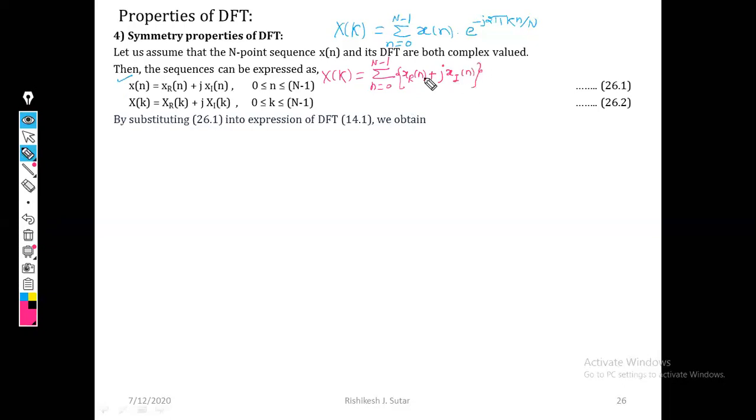So this is my complete x of n, which I have written, multiplied by e raised to minus j 2 pi k n upon capital N. Now this e raised to minus j 2 pi k n upon capital N, we can write in the Euler's form.